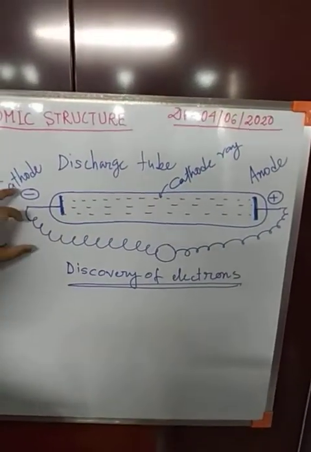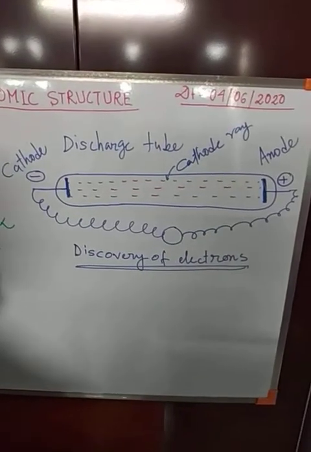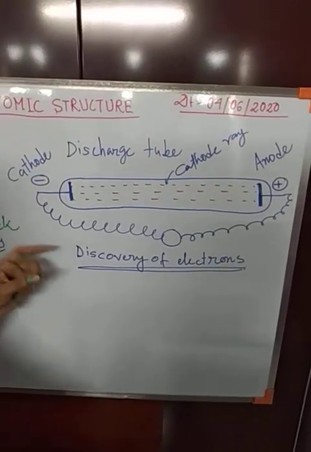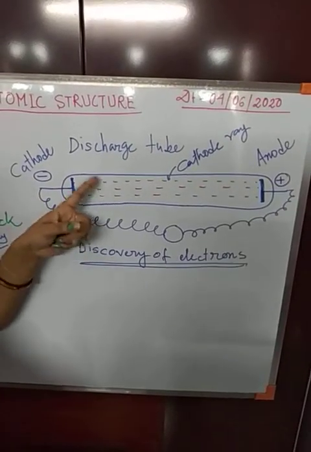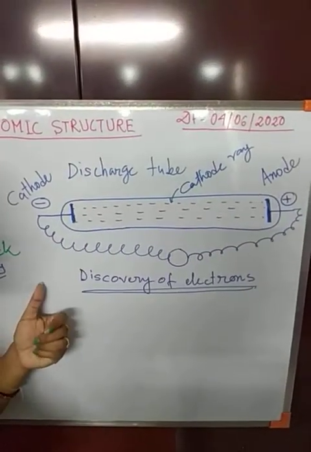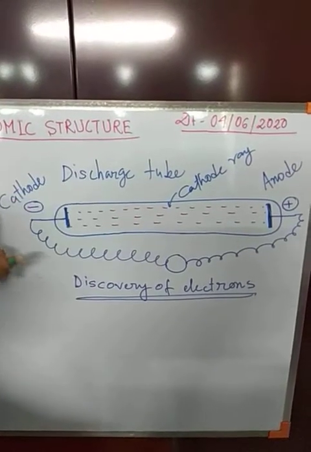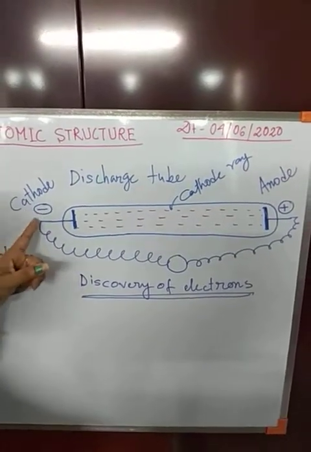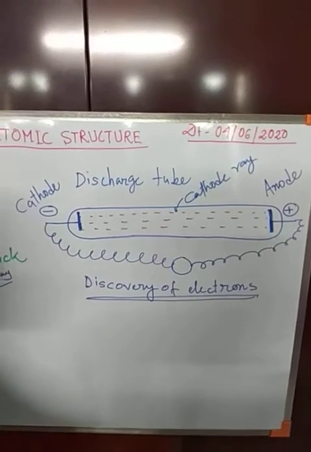Now William Crookes did this experiment. Later on, J.J. Thomson studied this again, and he did some experiments on the cathode rays to get their characteristics. As the cathode ray forms from the negative end, it has all the properties of a negative particle.